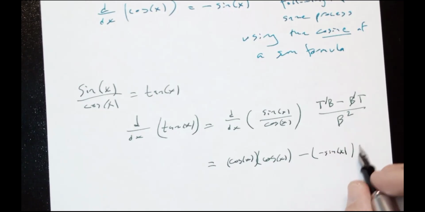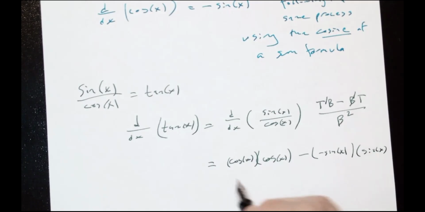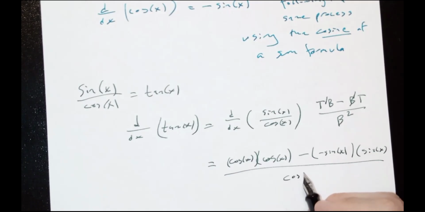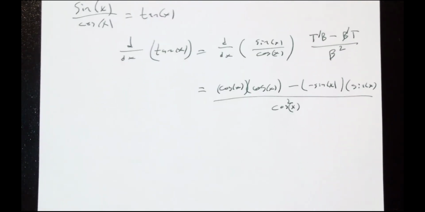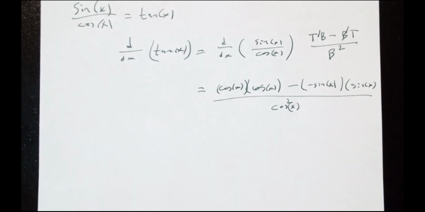Derivative of the bottom times the top over the bottom squared. Marvelous, wonderful, beautiful. What happens on the top there? Elena?